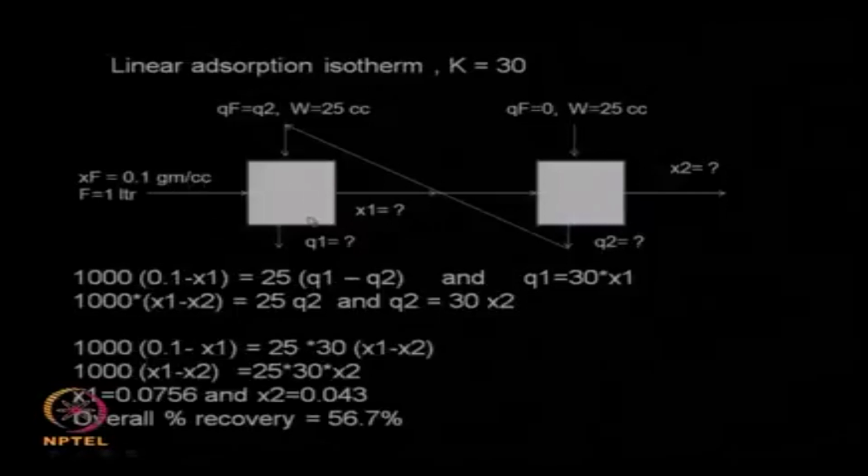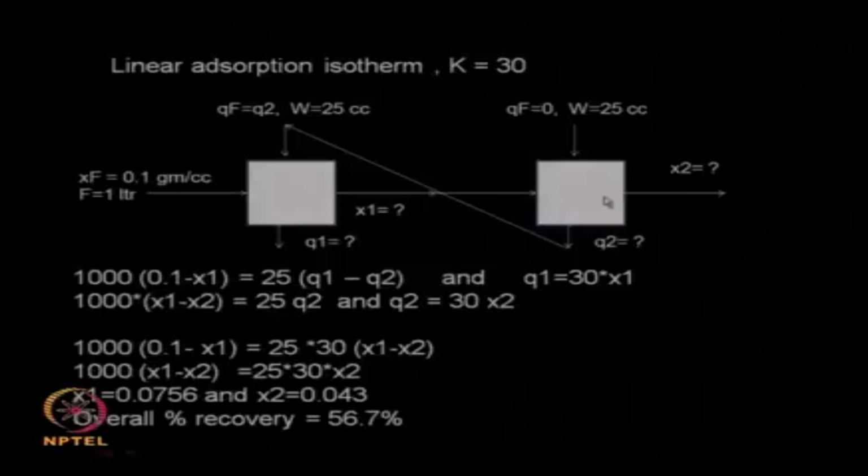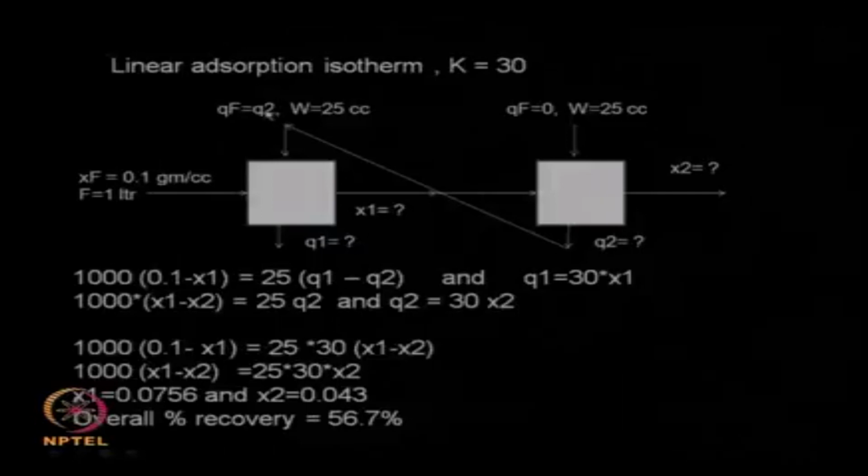Now the quantity of adsorbent added is 25 cc, but the concentration of the solute on the adsorbent is not 0 because it is coming from stage 2 here, right. So it is not 0, please remember, it will have some number, we will call it Q2, and then it is leaving stage 1.